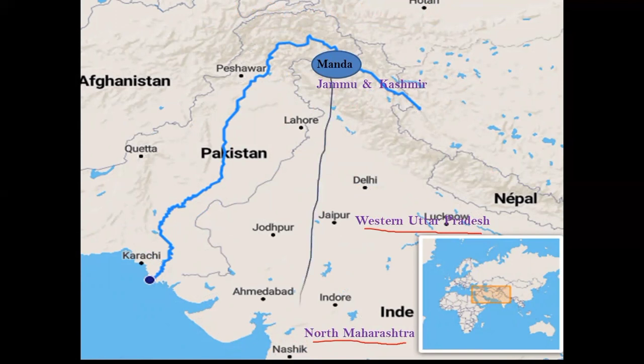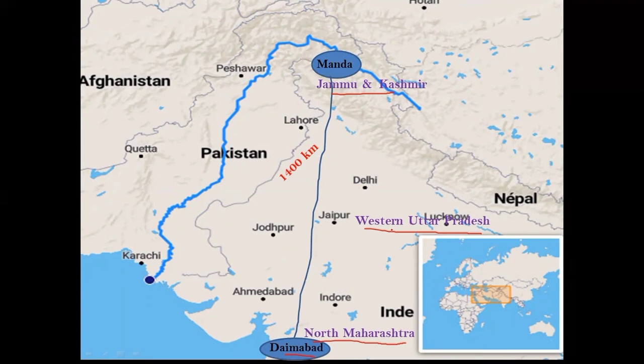From Manda, if you go down to the northern part of Maharashtra, a distance of 1,400 kilometers, we reach northern Maharashtra and find a place called Daimabad. This is the southernmost extent of the Indus Valley civilization. So now we are clear that the northernmost extent of the Harappan civilization is Manda, which lies in Jammu and Kashmir, and the southernmost extent is Daimabad, which is in northern Maharashtra, a distance of 1,400 kilometers from north to south.